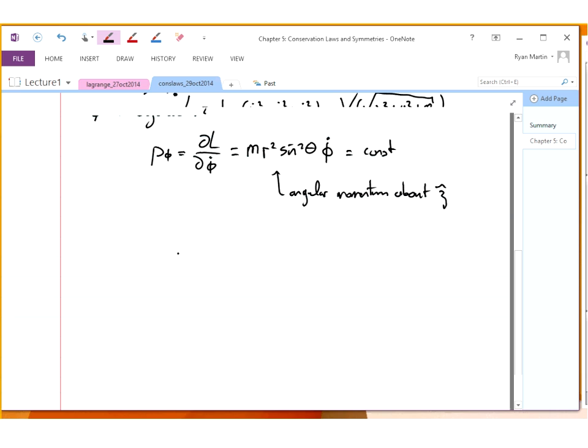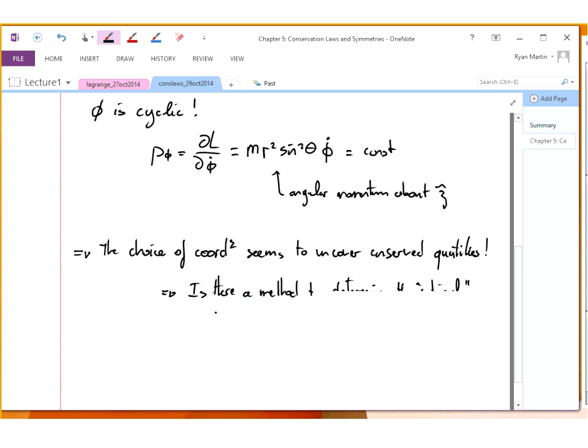So let's write that down. The choice of coordinates seems to uncover conserved quantities. So the question is: is there a method to determine the optimal choice of coordinates?